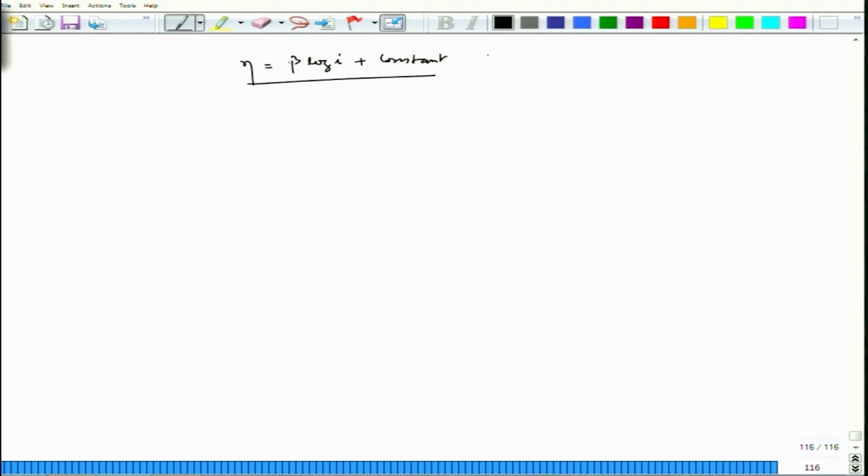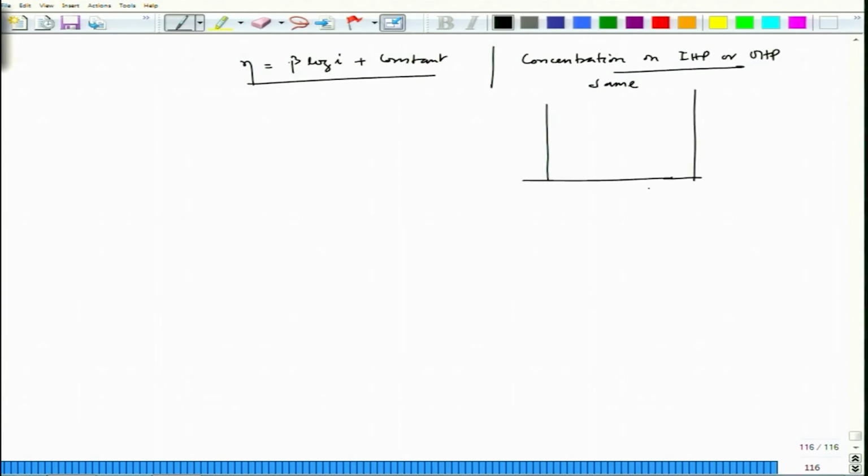If we see it carefully, here we are considering that the concentration on IHP or OHP is the same. It is not changing during the polarization. If I see the actual system, we have a bulk system where this is IHP and this is OHP, and the bulk where M n plus ions are also present.